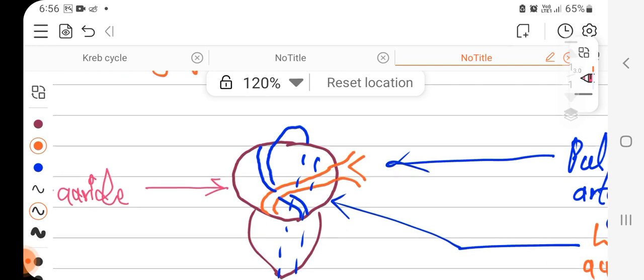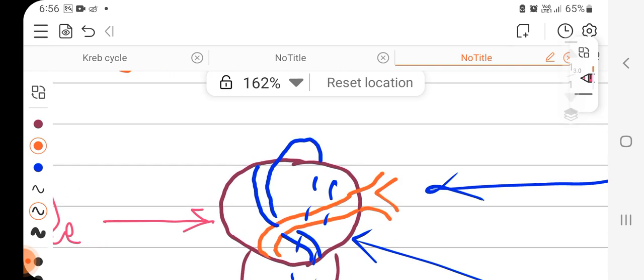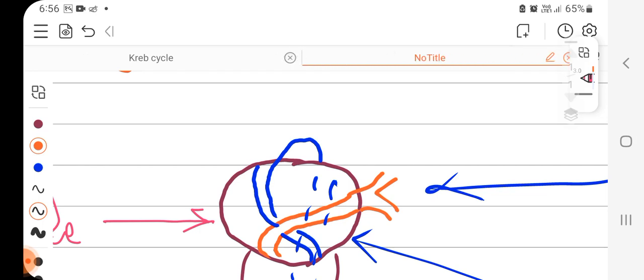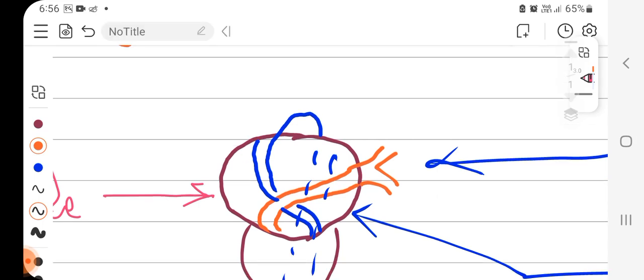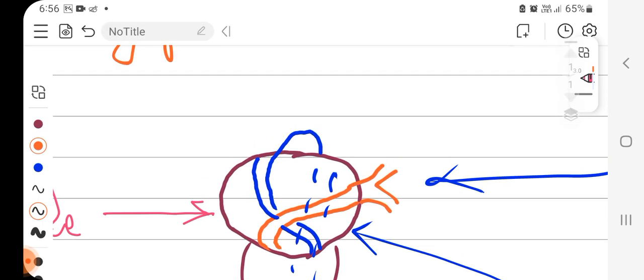Now I need to zoom in. In this left systemic aorta, let's see it clearly here. This is the carotid, and this is the next part.